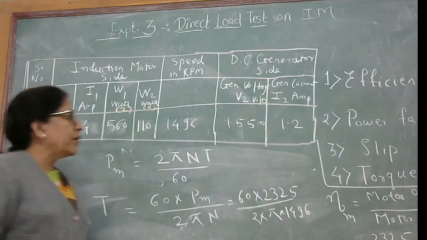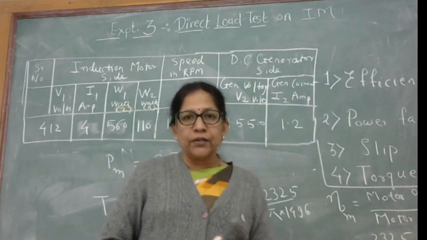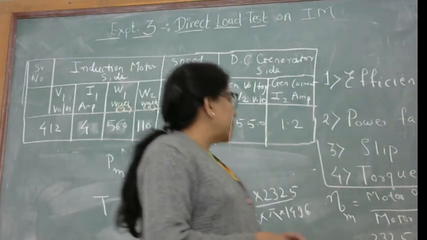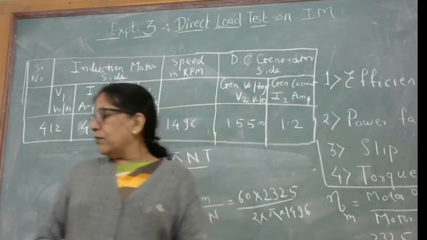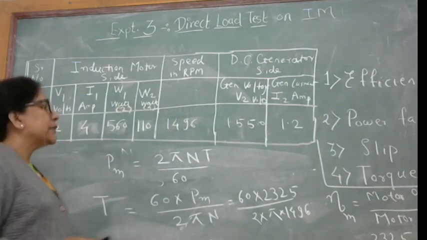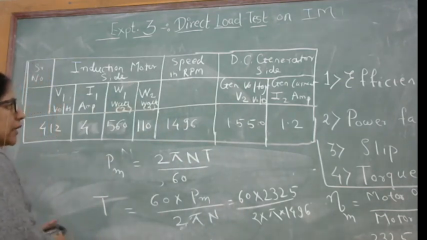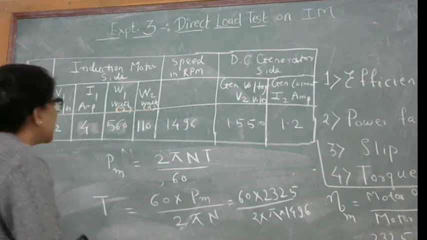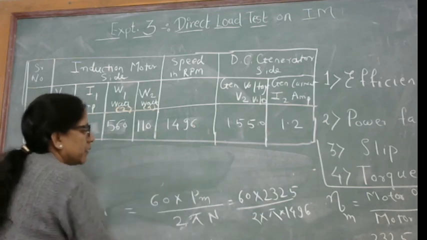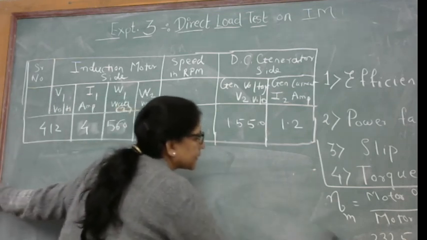So like that, for each and every reading you have to find out the efficiency, the power factor, the slip and the torque. Once you complete all the calculations, you have to fill up the result table, and after completion of the result table, you will be drawing 4 graphs.